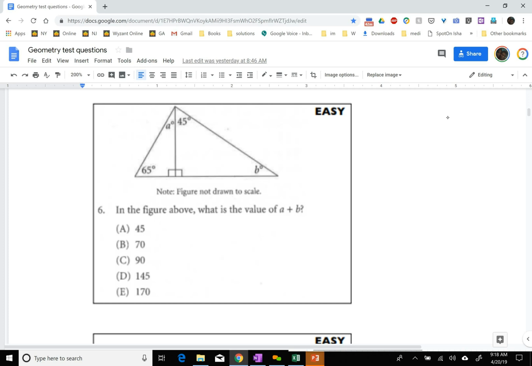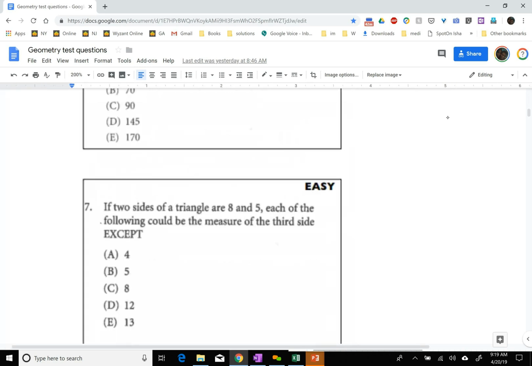B, D, B, right? C? No, B. B as in boy? Yes. B is correct. Yes, okay.